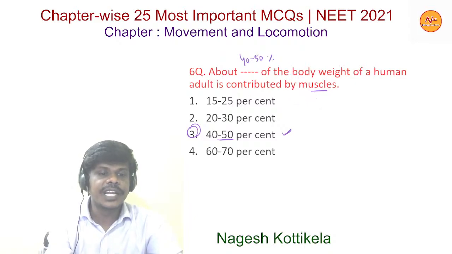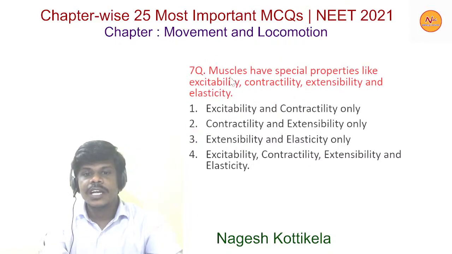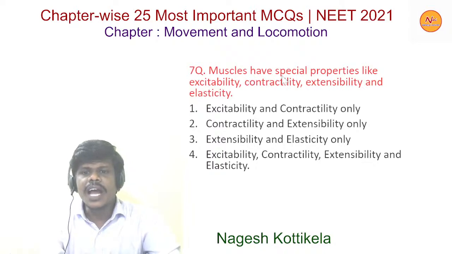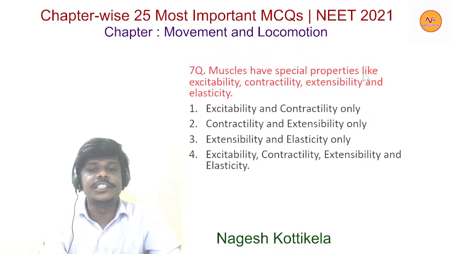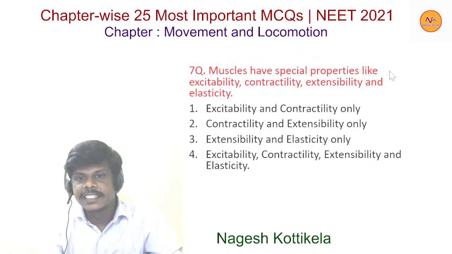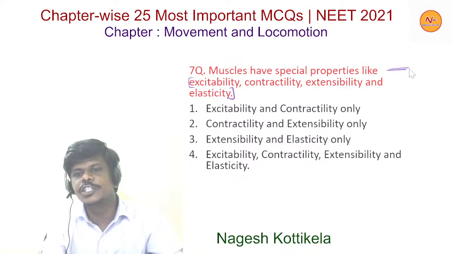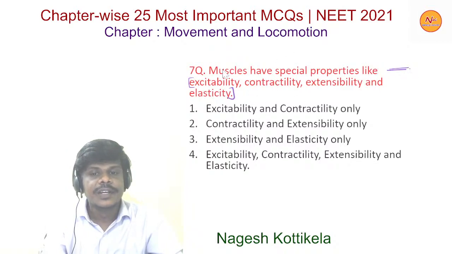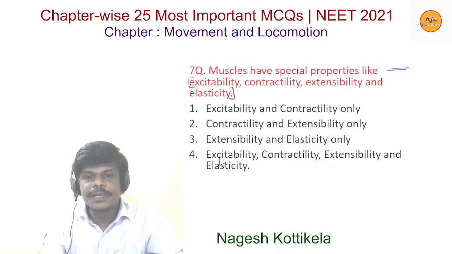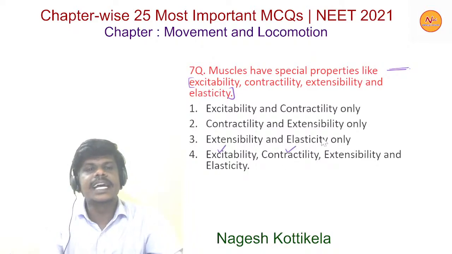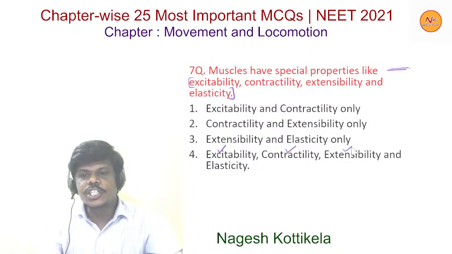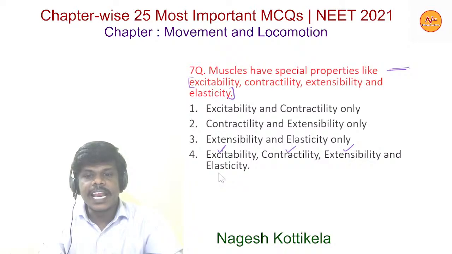Now moving to the next question. Muscles have special properties, like dash. So here we have to find out what the special properties found in muscles are. Excitability, contractility, extensibility, and elasticity.